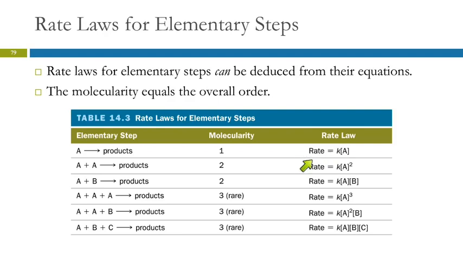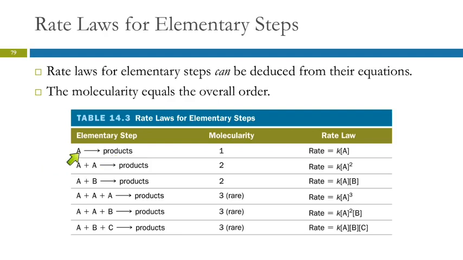Here we have a rate law where the rate is equal to the rate constant times the concentration of A. This rate depends only on the concentration of A. For that, we can predict that the elementary step corresponding to that is unimolecular. It just is A forming products.